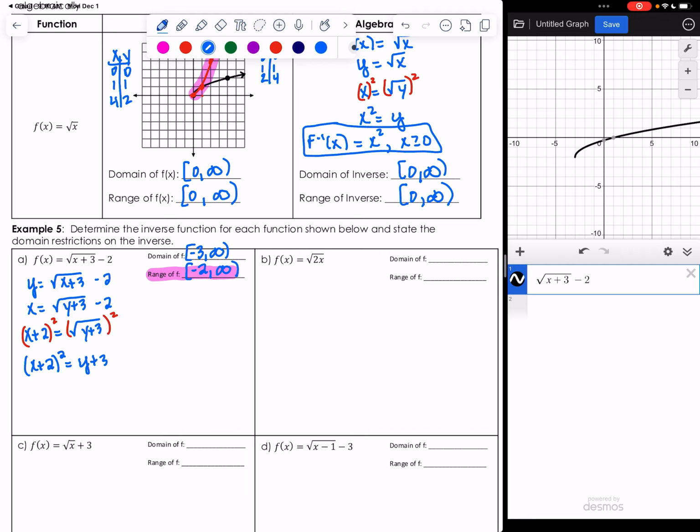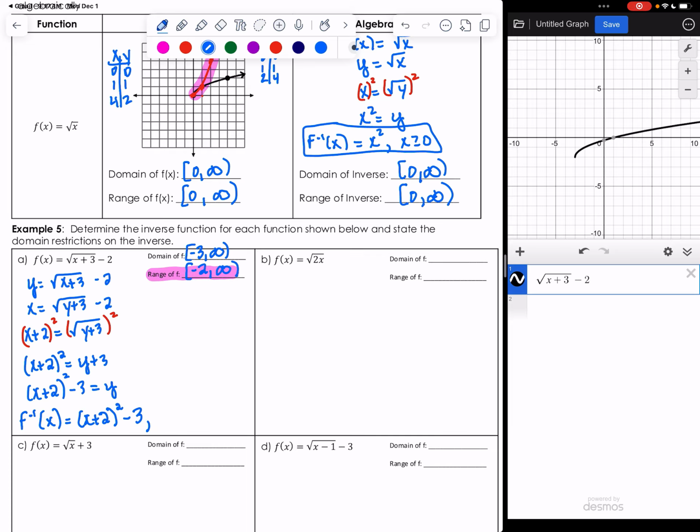And then we're going to subtract 3. So x plus 2, subtract the 3, is equal to y. So for our final answer, f inverse of x is equal to x plus 2 quantity squared minus 3.